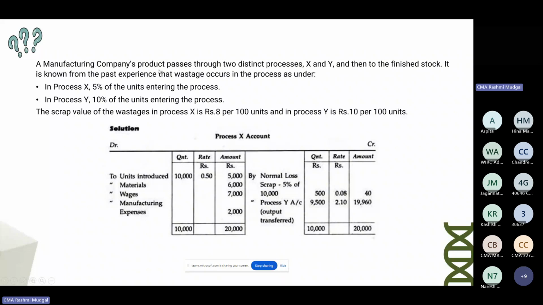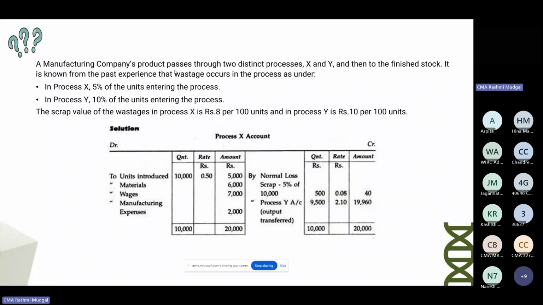A manufacturing company's product passes through two distinct processes, X and Y, and then to the finished job. So we can see here there are two processes, one is X and the second is Y. It is known from past experience that wastage occurs in the processes as under: in process X, 5% of the units entering the process, and in Y, 10% of the units entering the process.